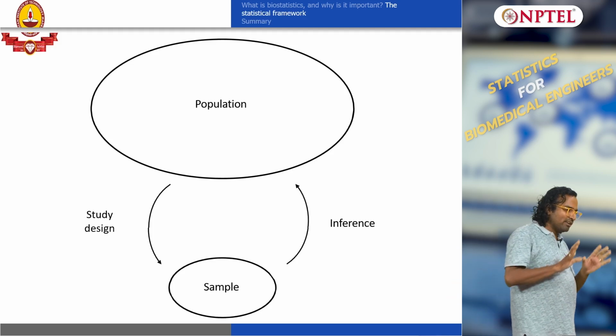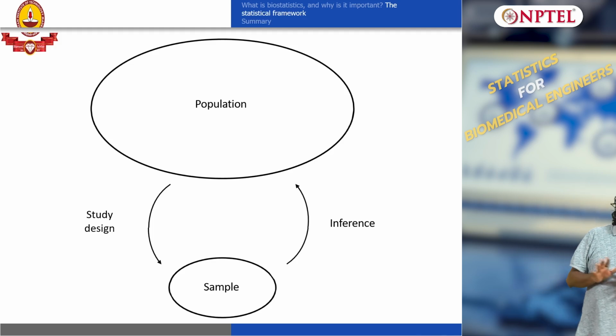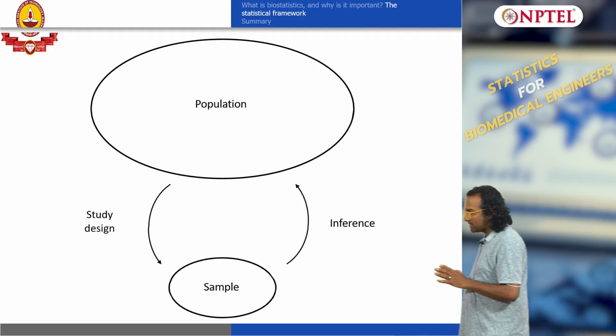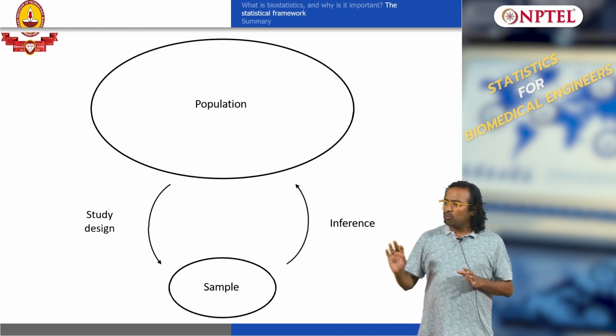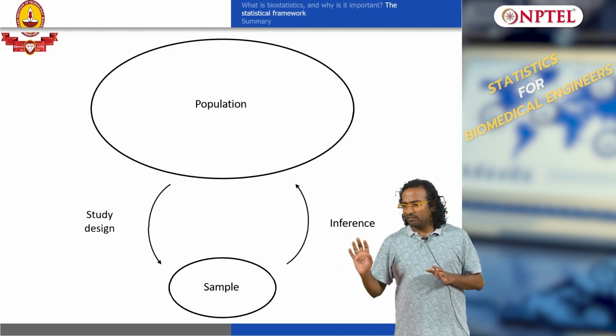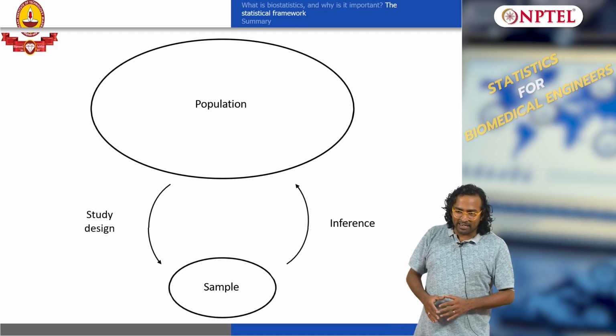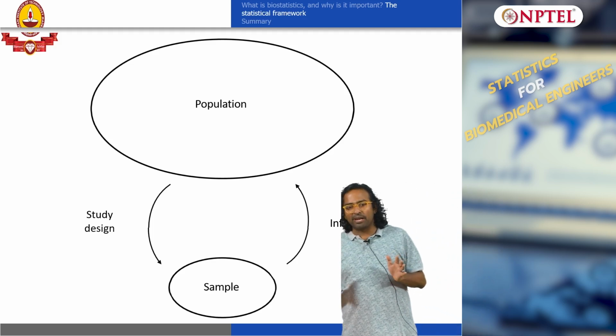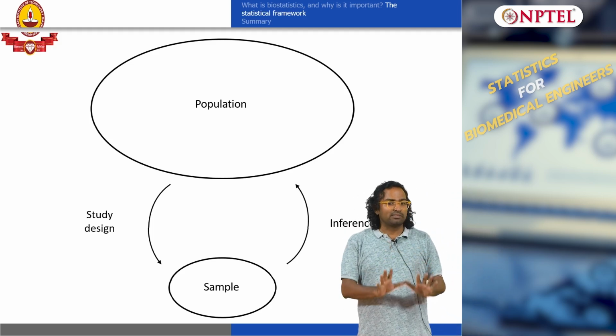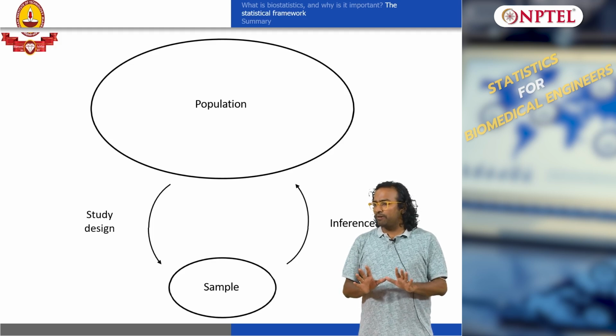So, remember when we are talking about clinical trials or drug discovery, the intended purposes should be very clear. Whom are we targeting? The population here does not mean the entire population, but the population you are targeting, and that should be very clear.